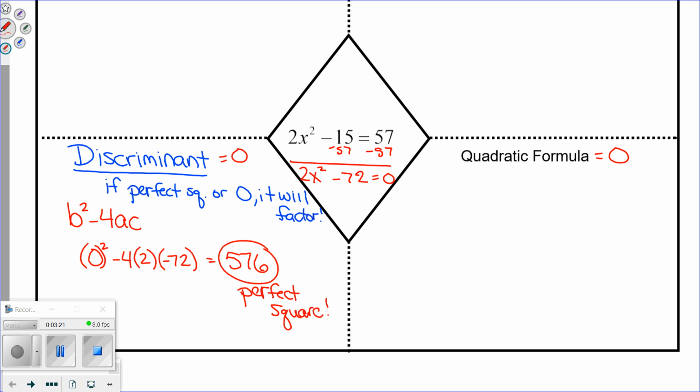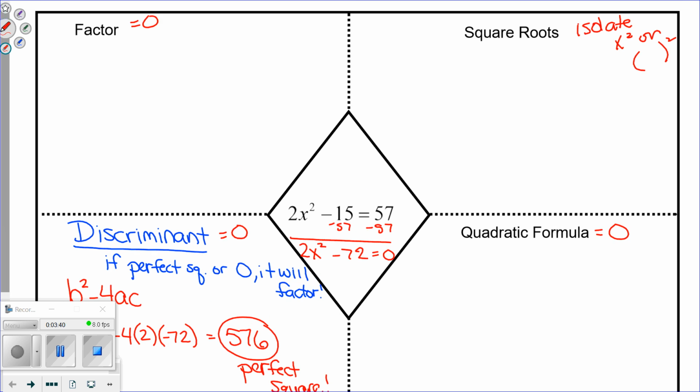Now, is it possible that you could have just looked at that problem and known that it factored? Some of you are probably bright enough that you could have figured that out. Right now you're all not looking at me like I'm crazy, so maybe somebody can look at that and know. There's no b value.